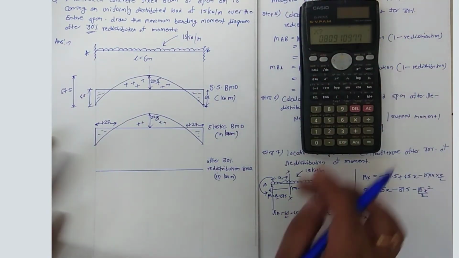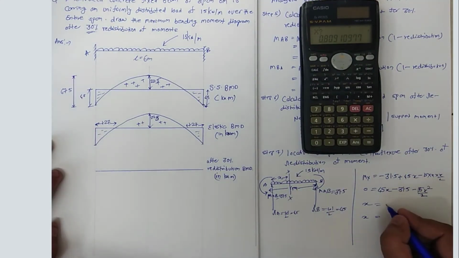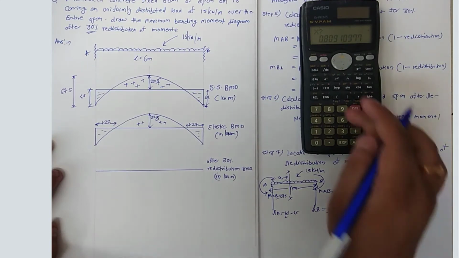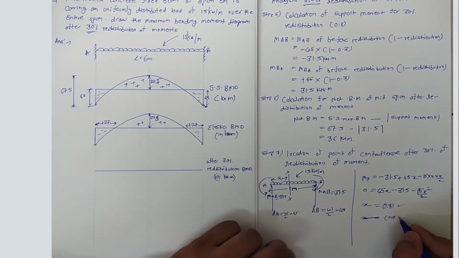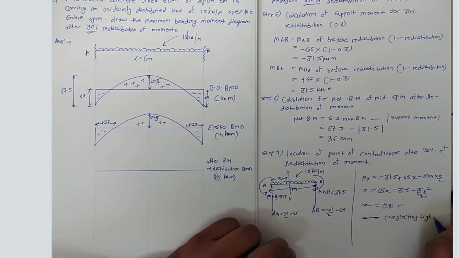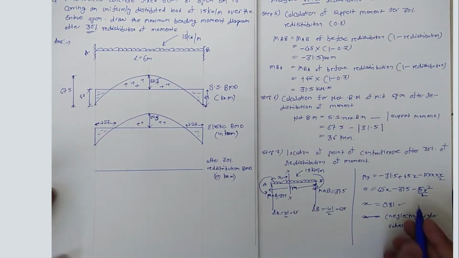So solve for x, it will be 0.81. Okay, and we will say neglecting higher values. So now we have got the point of contraflexor 0.81.